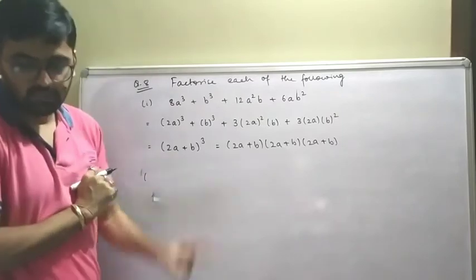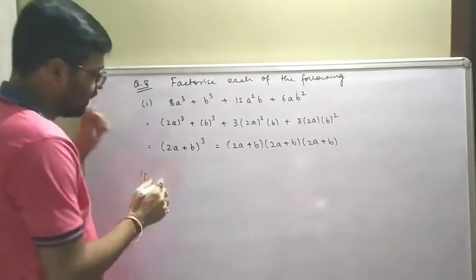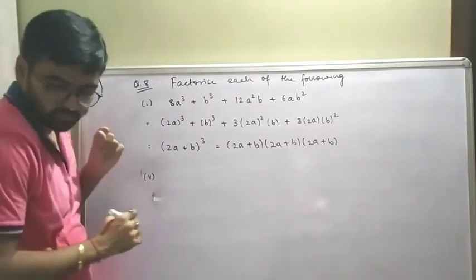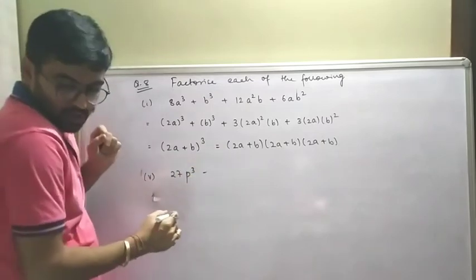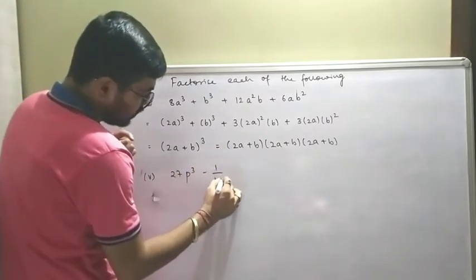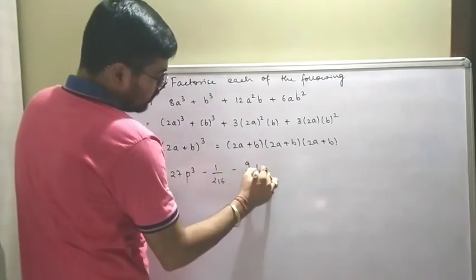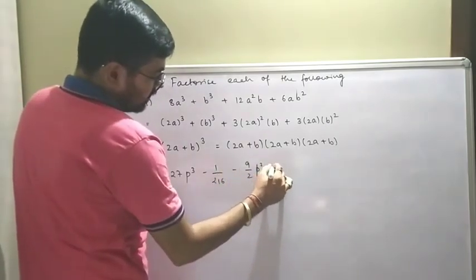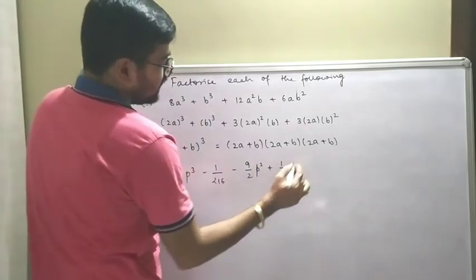So let me take one more problem for you, and I am going for the fifth one, which is given: 27p cube minus 1 upon 216 minus 9 by 2p square plus 1 by 4p.